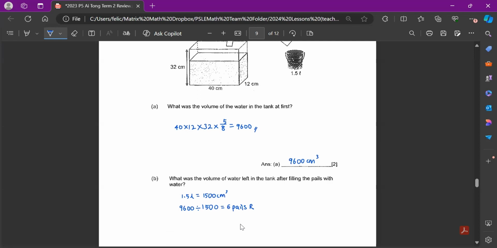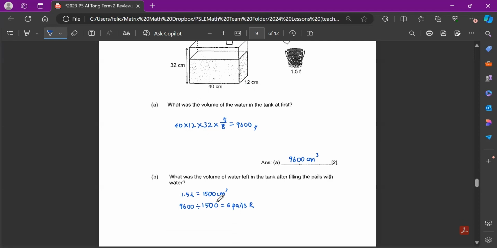Okay, so to calculate the remainder, you can do 6 multiplied by 1,500 because you have 6 sets of 1,500 here. So 6 times 1,500, you should get 9,000. Then you can take 9,600 minus that 9,000. This one just need to press calculator. So you should get 600 here. And what does this remainder 600 mean?